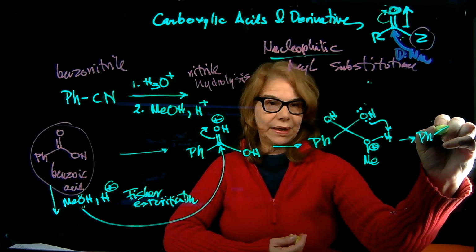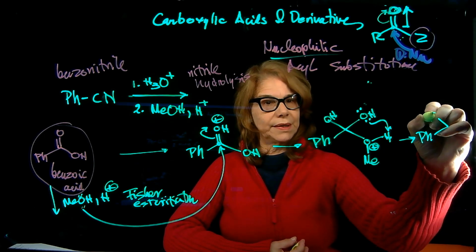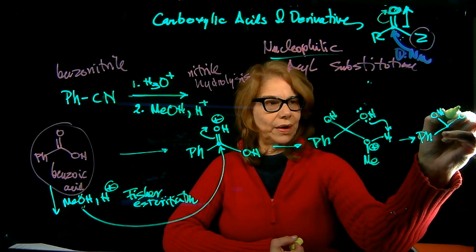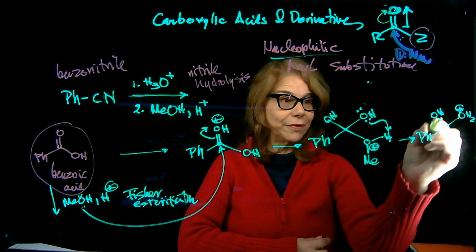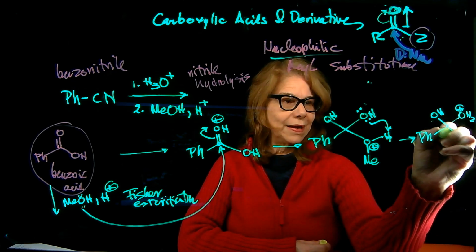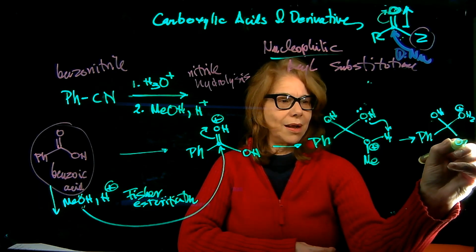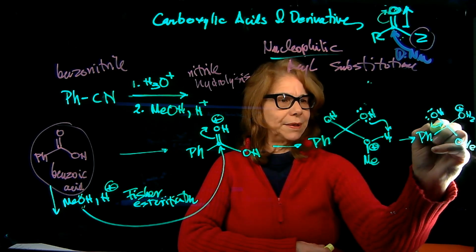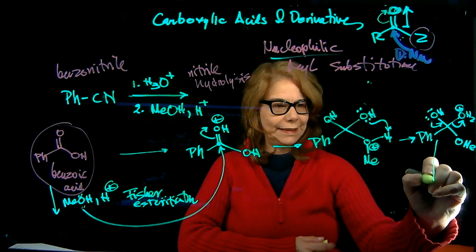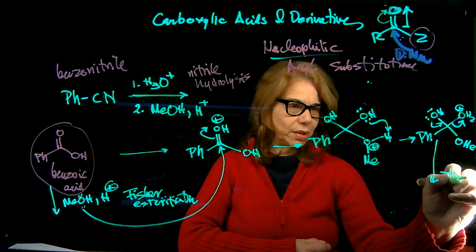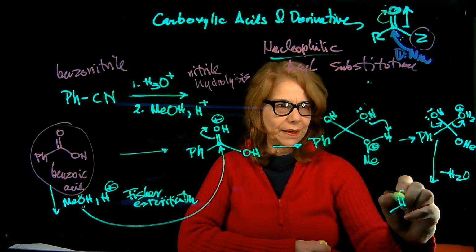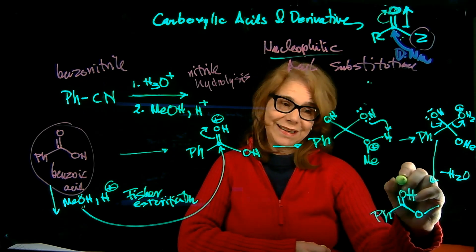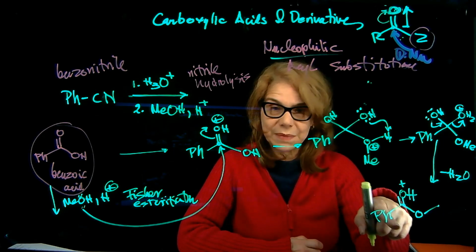That can also be solvent mediated. But now the point here is to have a better leaving group. Water is a good leaving group. And here I have OMe, and in reforming the carbonyl here, water will leave, so minus water. And here you're forming the conjugate acid of methyl benzoate.